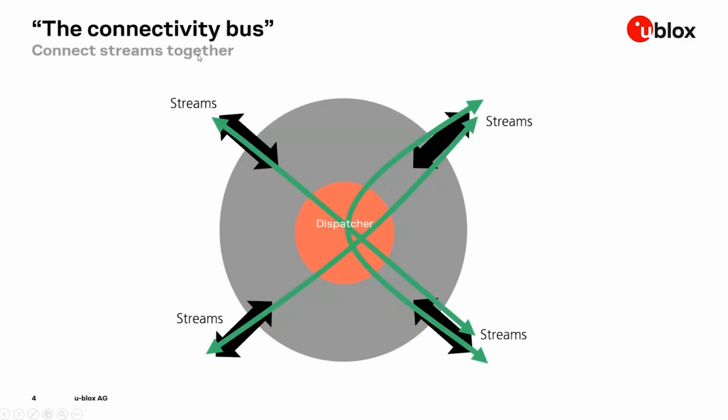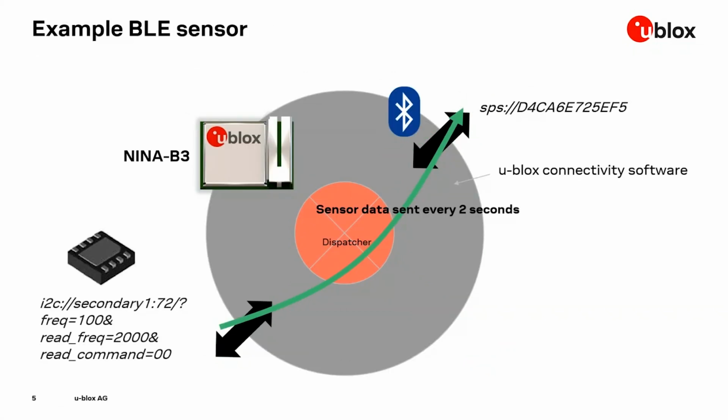And the fantastic thing about these streams is that you can connect them together and basically pass data from one data source to another seamlessly, without any interaction. We will see in this example that we have our temperature sensor connected over I2C, and we will connect that stream to a serial port service and then seamlessly transfer the temperature readings over Bluetooth.